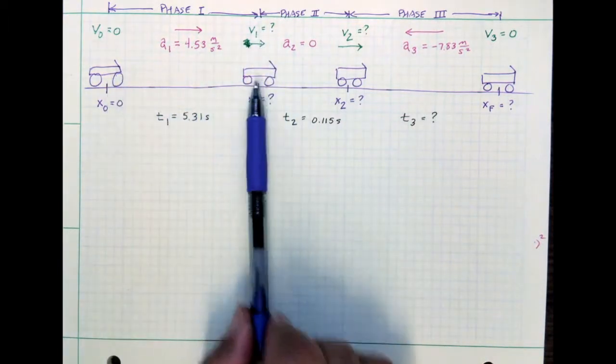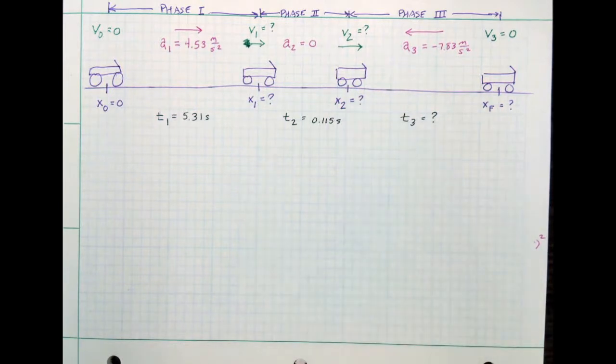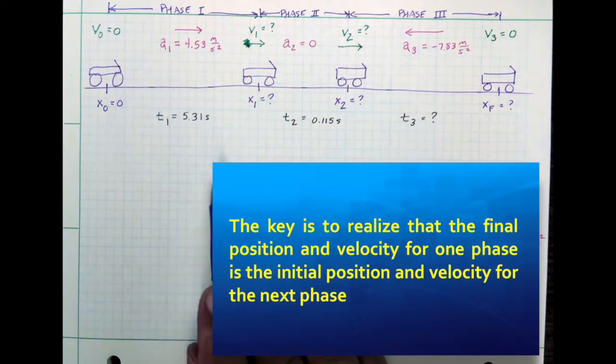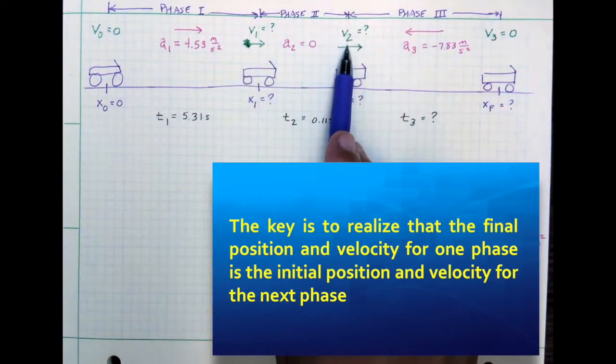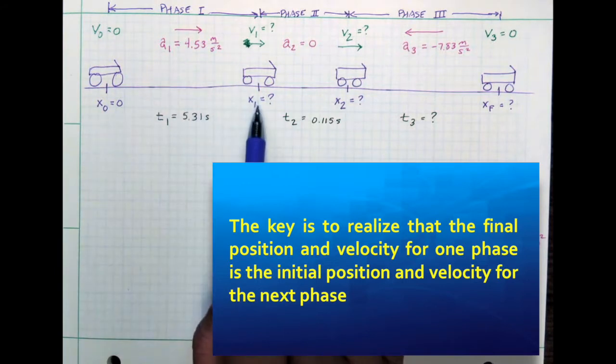So we divide the motion of the motorcycle up into these three phases, each of which has its own distinctive acceleration. The key to solving this problem is to realize that the final velocity of phase 1 is the initial velocity of phase 2. And the final velocity of phase 2 is the initial velocity of phase 3. And the same goes for the positions.